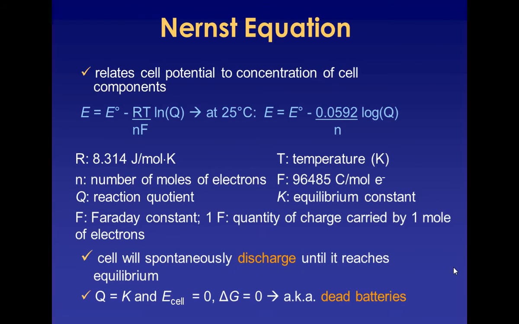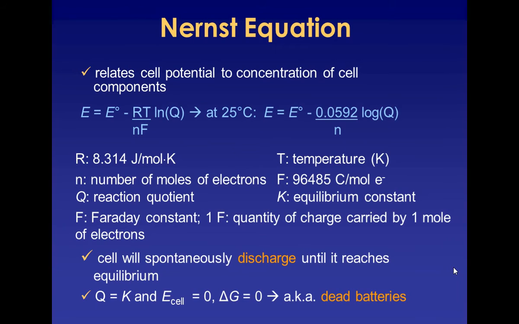Our Nernst equation allows us to relate these quantities under non-standard conditions to non-standard cell potential. E equals the standard cell potential, E0, minus RT over NF natural log of Q. R is your constant in joules, the 8.314.